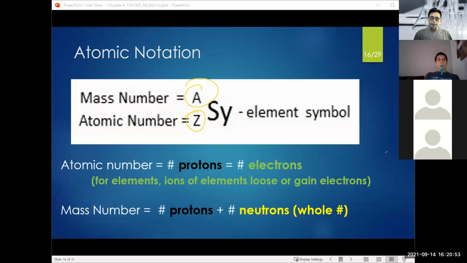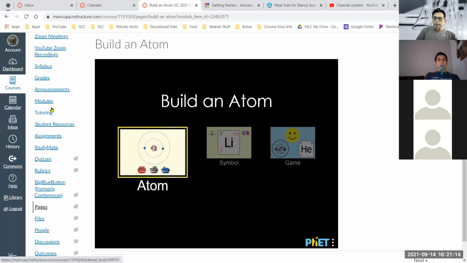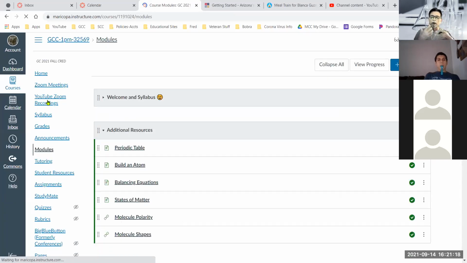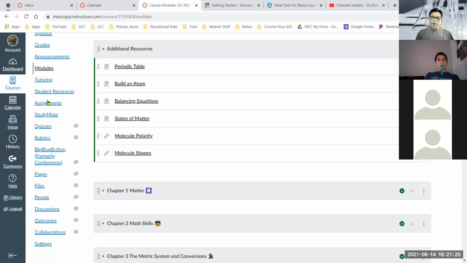Okay, so I'm going to share with you. I'm going to go back to the Canvas course because I want to refresh your memory on the simulation we have for you. That will help you understand the overall structure of an atom, at least with respect to our model.